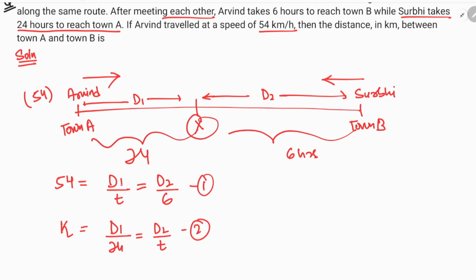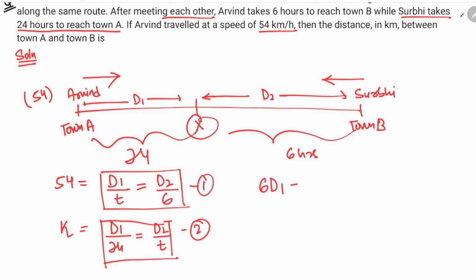You can see that D1 by T is equal to D2 by 6 and D1 by 24 is equal to D2 by T. Now we have two equations, and from these we can find the value of T. If I take this part of the first equation and this part of the second equation, I can simply solve my question. From here I get 6D1 is equal to D2 into T, and from here I get D1 into T is equal to 24D2.